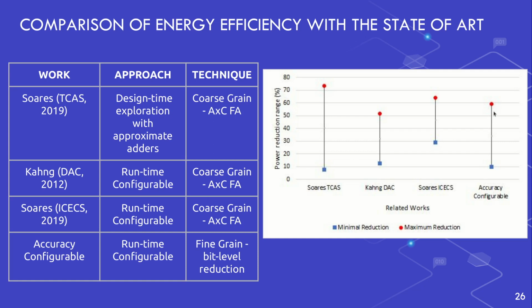And when we compare our power reductions with the other works, we can see that we present similar power reductions, and in some cases we still present better power results than the state of the art. This shows that we are providing a solution in the direction of the state of the art.